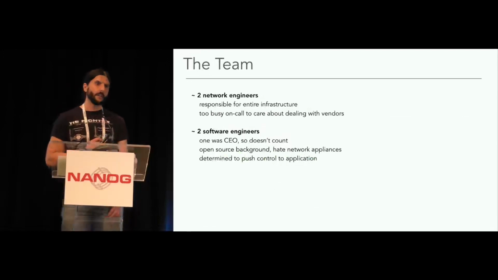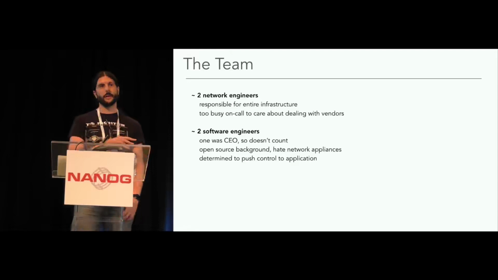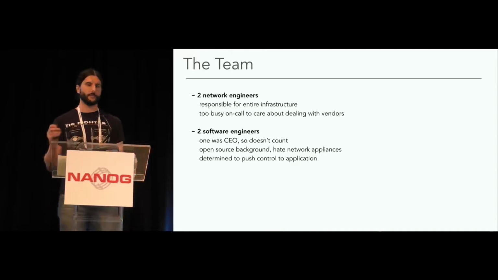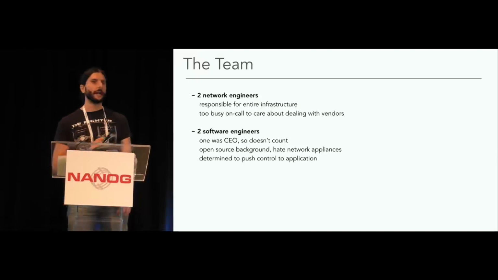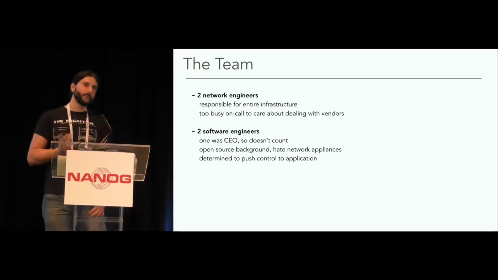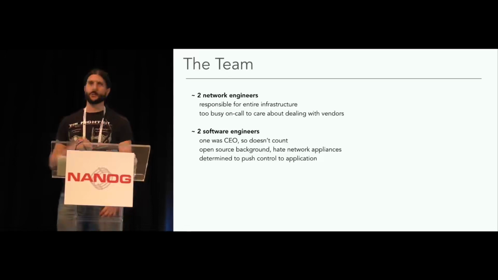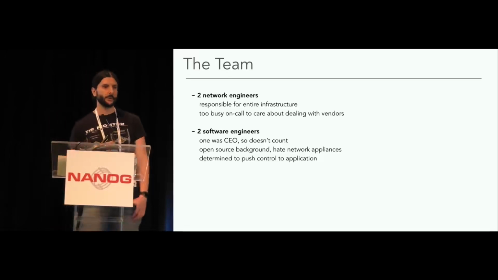In 2013, the team was mostly comprised of 2 network engineers that were dealing with everything in the network, from operations, provisioning, procurement. They were basically too busy to care about dealing with vendors and asking for features and making sure that the vendor would implement them correctly. And we also had 2 software engineers, although one of them was the CEO, so arguably didn't count because he had better things to do.